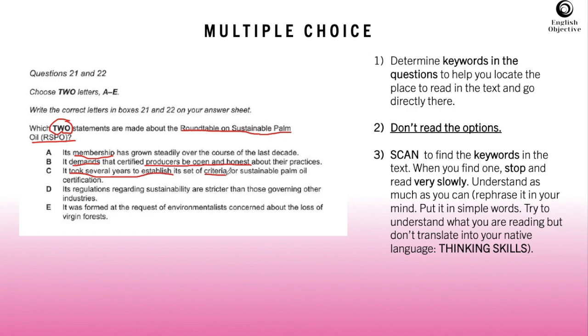D, its regulations regarding deforestation are stricter than those governing other industries, so a comparison between different industries. And finally, E, it was formed at the request of environmentalists, so created by environmentalists concerned about the loss of virgin forests.